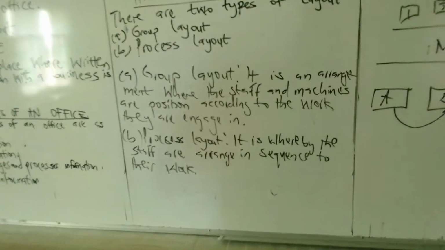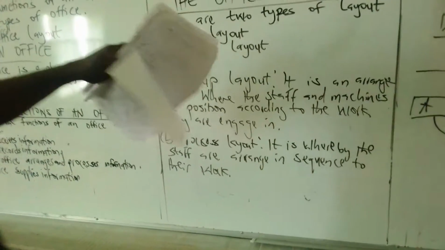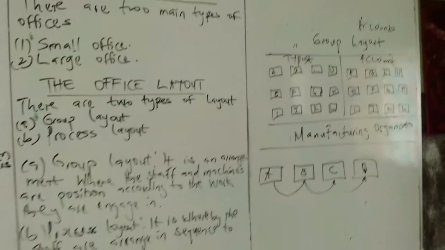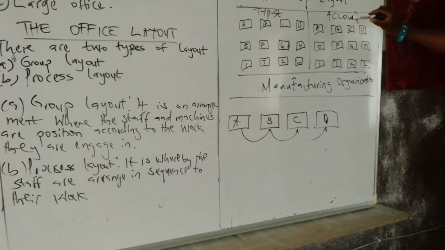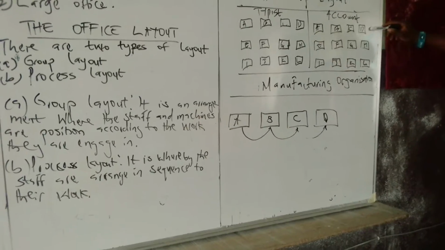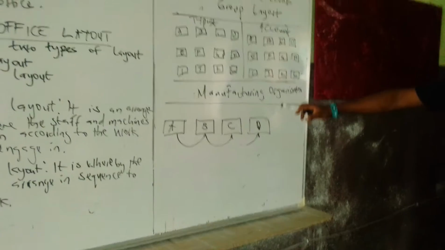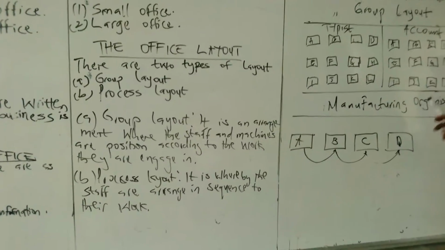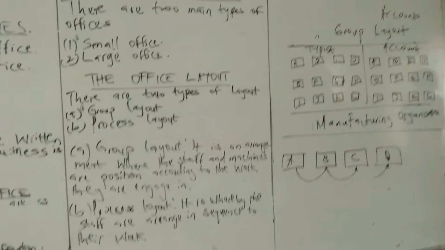Now, also, let's go further. Apart from these two types of layout, you can see that layout can be linked to the types of office also. The group layout can be linked to a large office, while what we call process layout can be linked to smaller organizations, because of the structure of the offices.